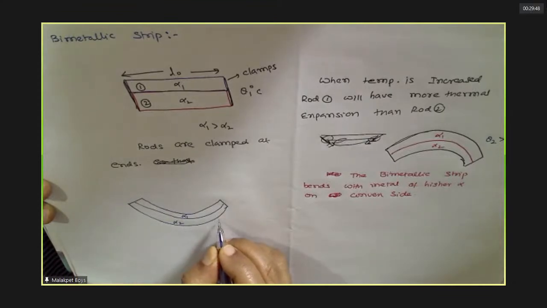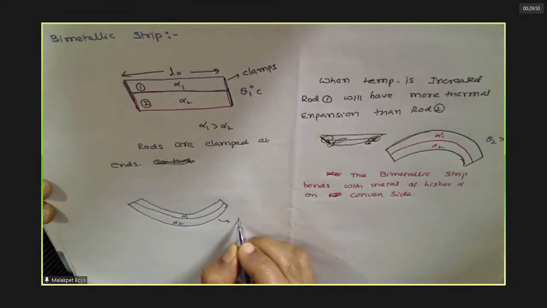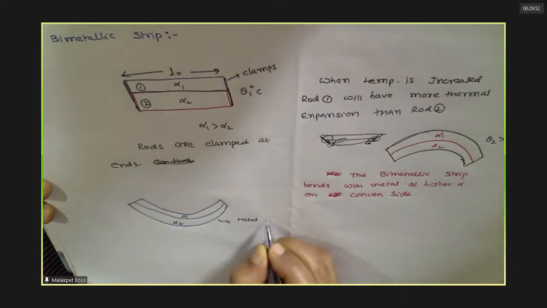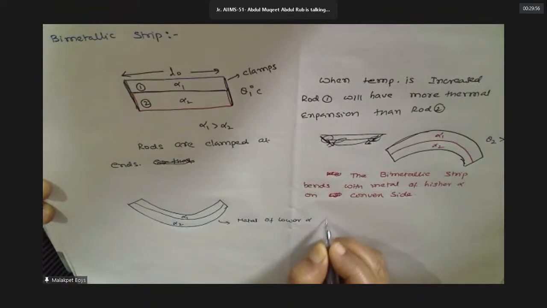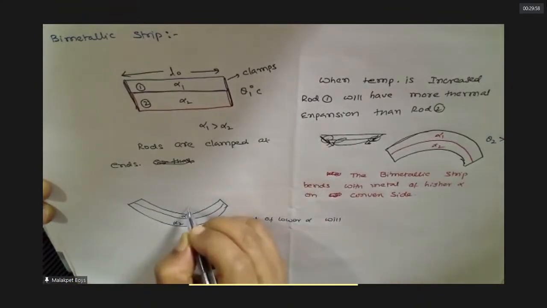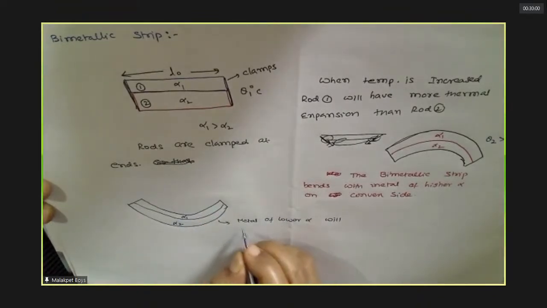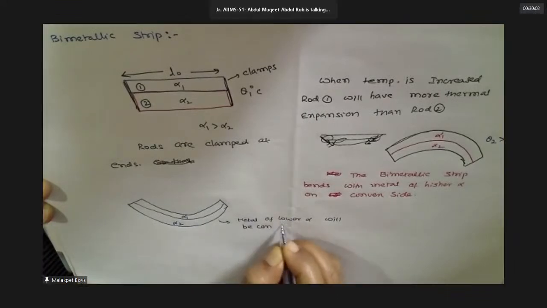This is the convex side now. Sir, concave, right? This is concave, this is convex now. Yes, sir. Sorry.